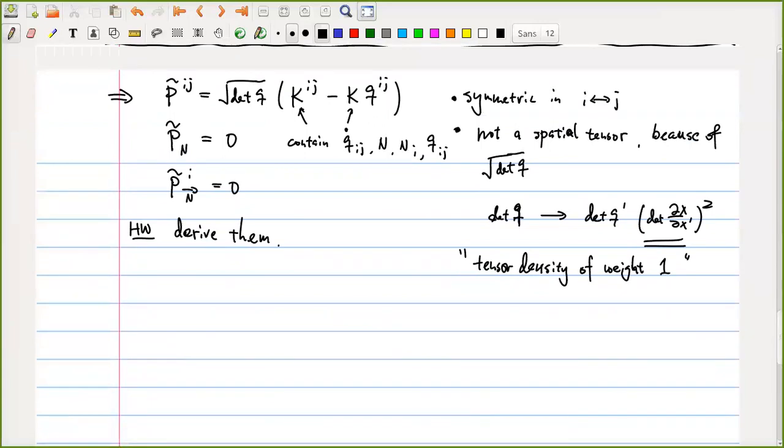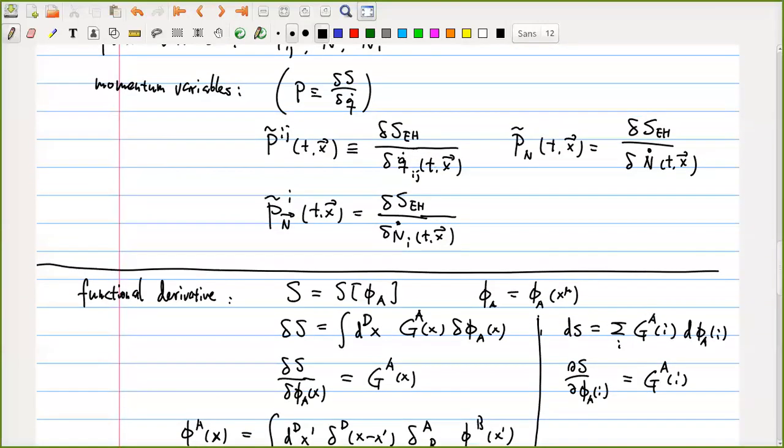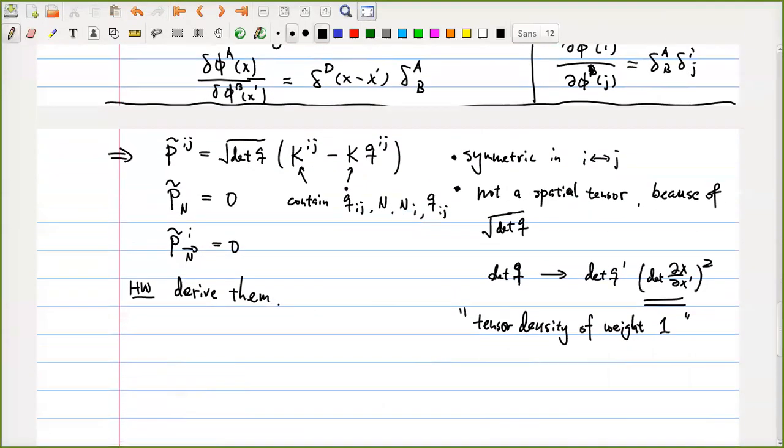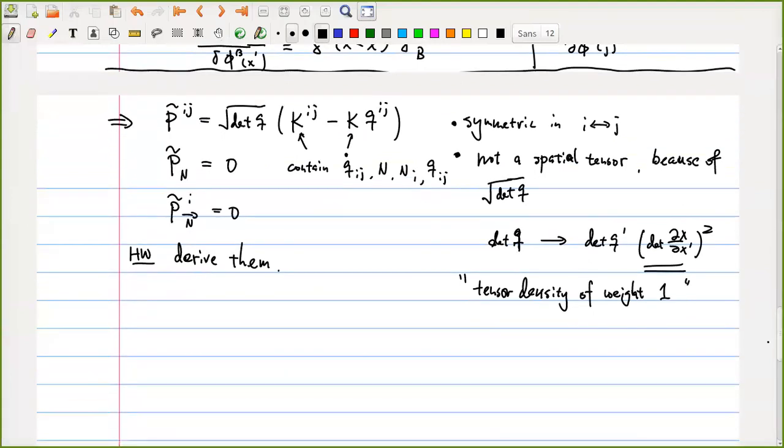Here, because your Lagrangian is a tensor density, when you take the functional derivative of your action with respect to a tensor, the result is still a tensor density. This is what you get for the momentum. So this is the interpretation of the first formula, and let's talk about the second two equations.